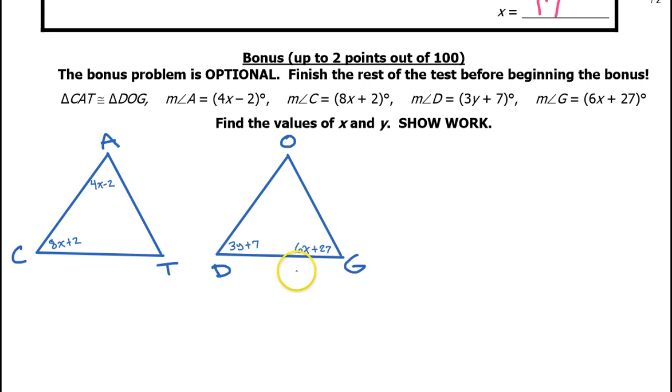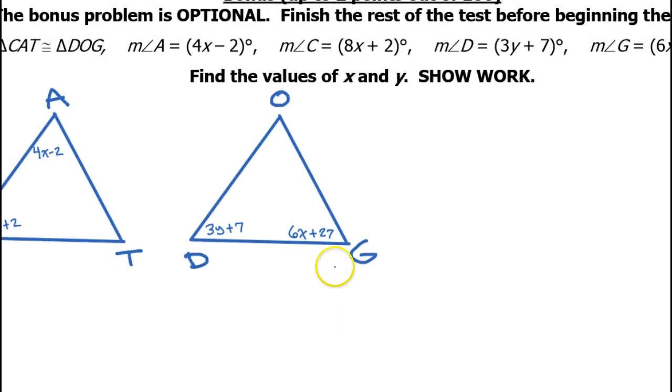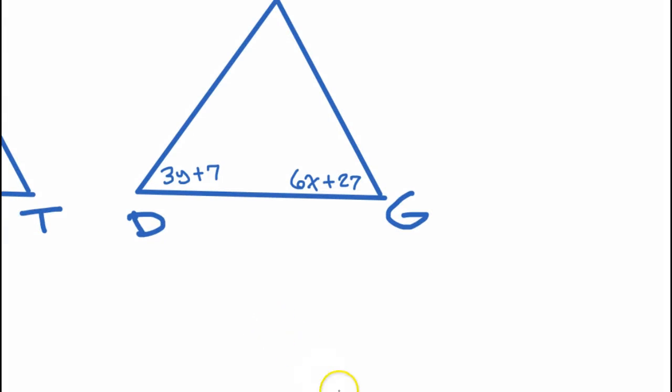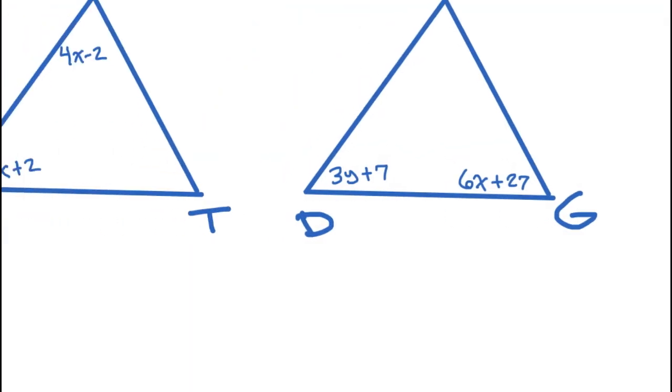Okay, what can we do? Here's something I think would be fun. Angle T and angle G are corresponding angles, so they should be congruent. That means if angle G can be represented by the expression 6x plus 27, then angle T should be the same thing.